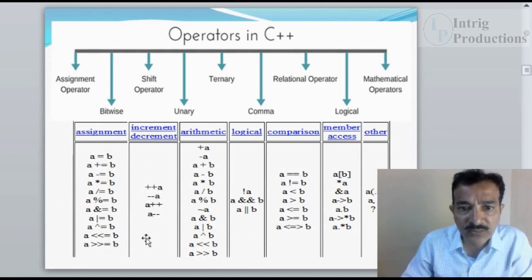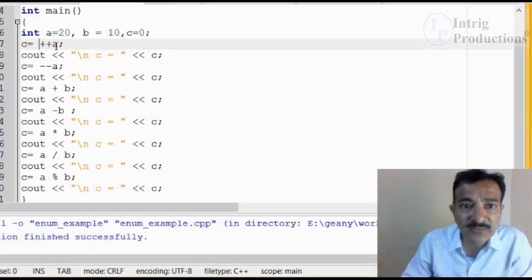This is called a unary operator, plus plus A and minus minus A. What exactly this is doing is it is going to increment first the value of A and then assign it to C. Here it is going to first decrement the value of A and then assign it to C. So here the C value is going to be 21 and here the C value is going to be 20, because here it will increment and then assign.